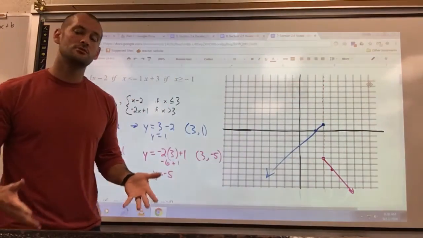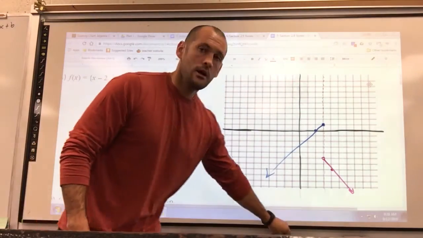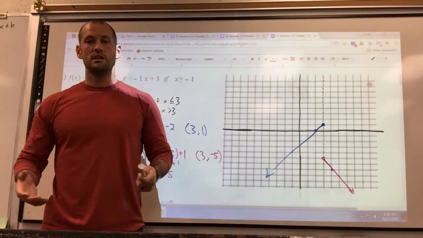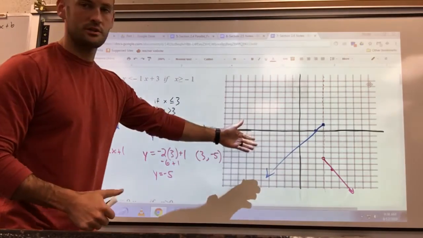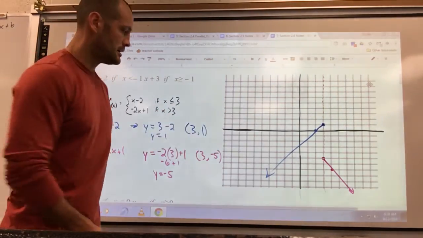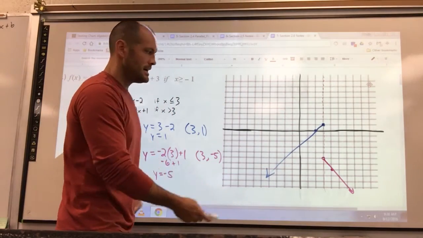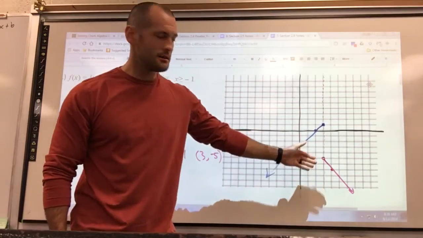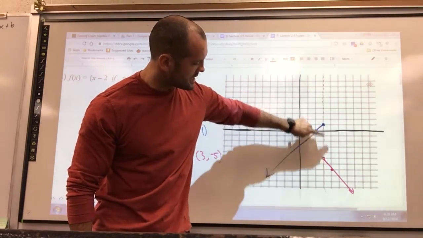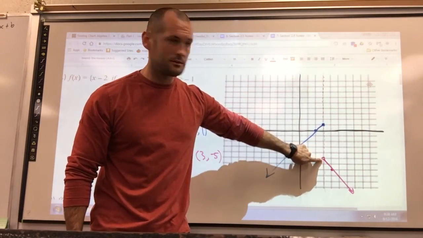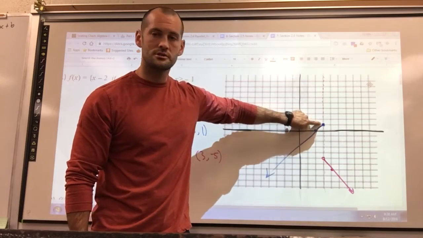Now the last thing we have to do is domain and range. Domain being the x values, range being the y values. We'll take a look at your x's. X's left and right. Does it ever stop going left? No. Now we have this interesting exchange here, but notice no value is left out. While this is an open circle at 3, it's a closed circle at 3.